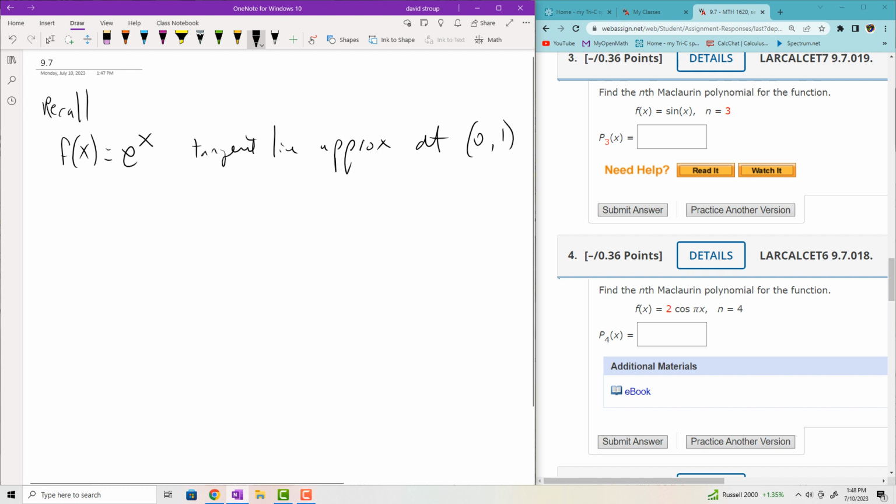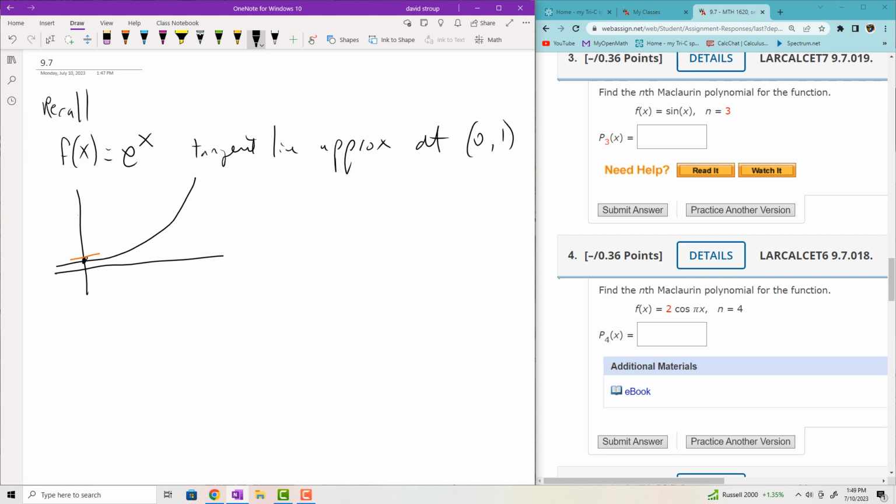What does that mean visually? Well, here's the curve y equals e to the x, and we want a tangent line at this point (0, 1). My graph isn't drawn very well, but there it is. That little red line would be your tangent line approximation.